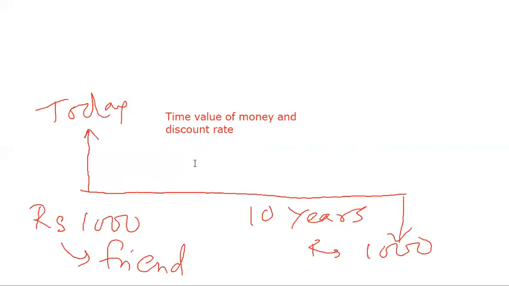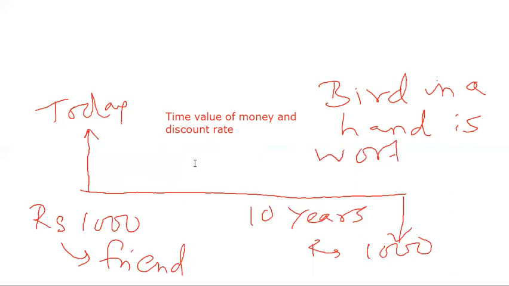Why is that so? It is because in English you have a proverb. What is a proverb? A bird in hand is worth two in the bush. What is the meaning of this?